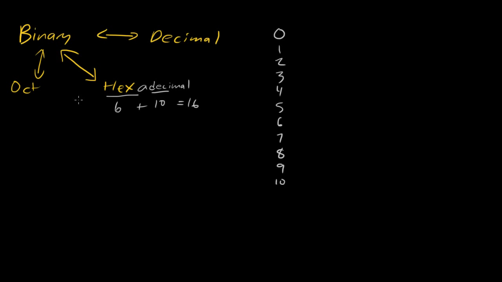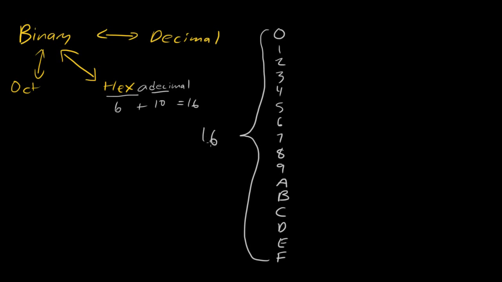Instead of 10, we're going to say A. So this is where it gets to hex: A, B, C, D, E, and finally F. Okay, so these are 16 possibilities in hexadecimal.